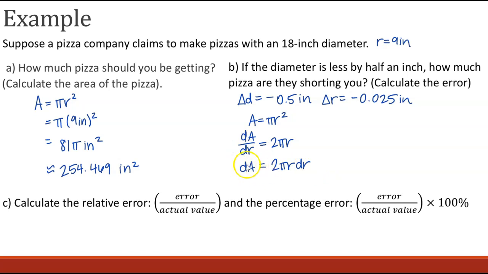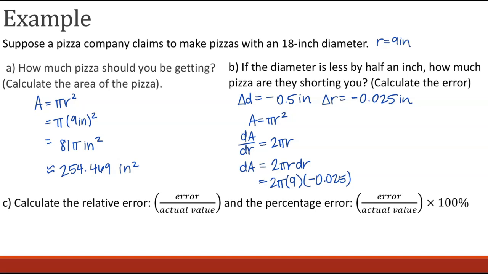So to calculate the error, the change in the area, we're going to substitute in our value for r that it should be, so that was 9 inches, and then times that change in r. So that's delta r, or again dr, those are interchangeable. So we have 2 pi times 9 times negative 0.025.